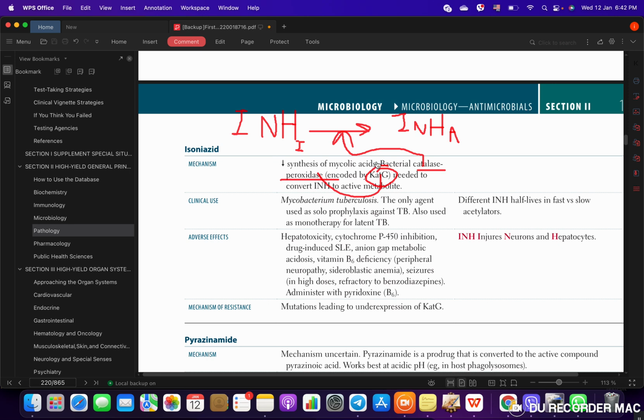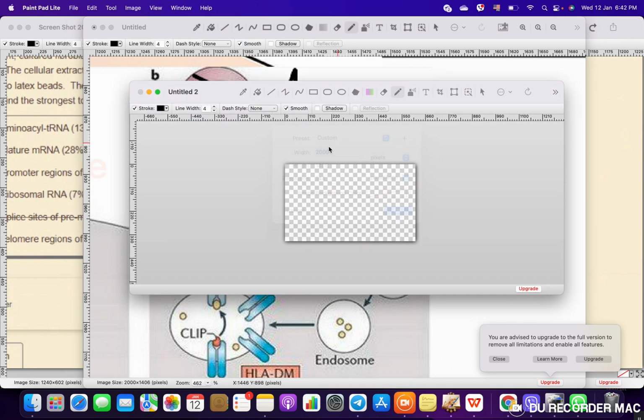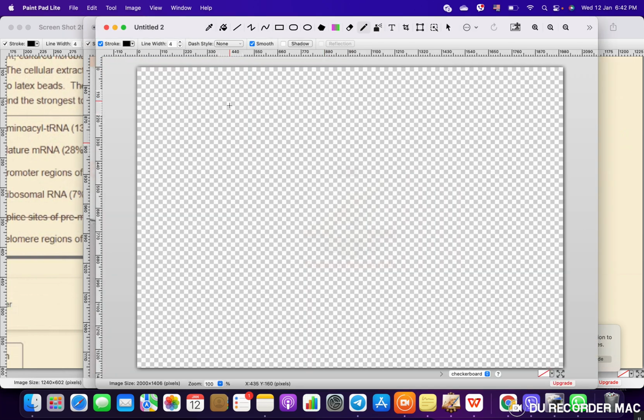This KatG is obviously inside of the Mycobacterium. Let me make it more clear because this might be a little bit complicated. We have isoniazid in the inactive form, and we convert it to the active form of isoniazid. The one with the little a is active, the one with the little i is inactive.